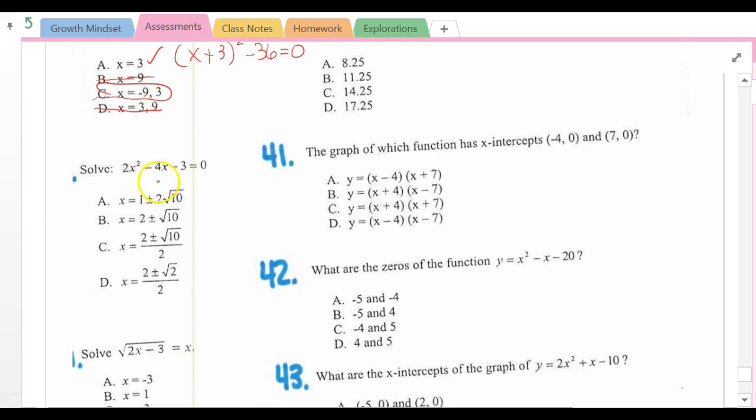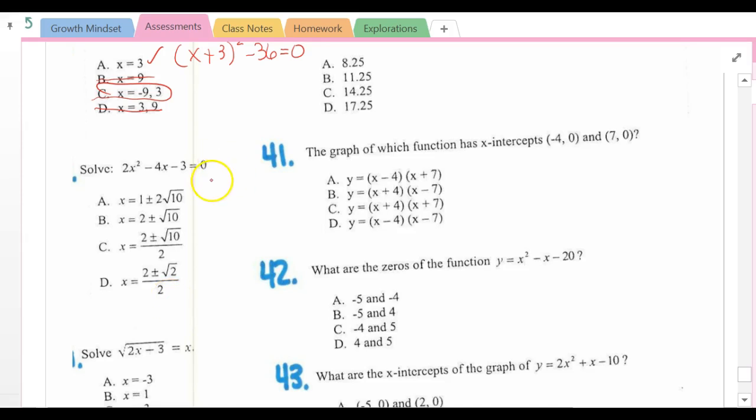Okay. For this problem, 2x squared minus 4x minus 3 equals 0. We first want to think about quadratics and think that maybe we could factor. So you could try factoring, but because these are multiple choice and when I look at the answers to this, I don't see any factoring going on here. So what I want to think of is this looks like the quadratic formula.